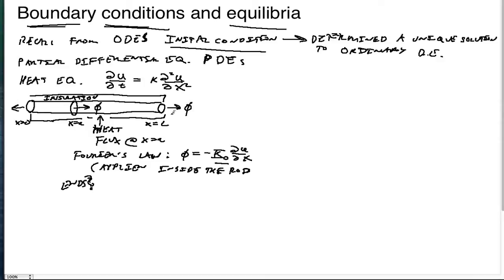So we're going to discuss a couple different cases of what we can do. We want to apply, so basically the goal is to apply similar conditions to Fourier's law, things like Fourier's law, to the boundaries.